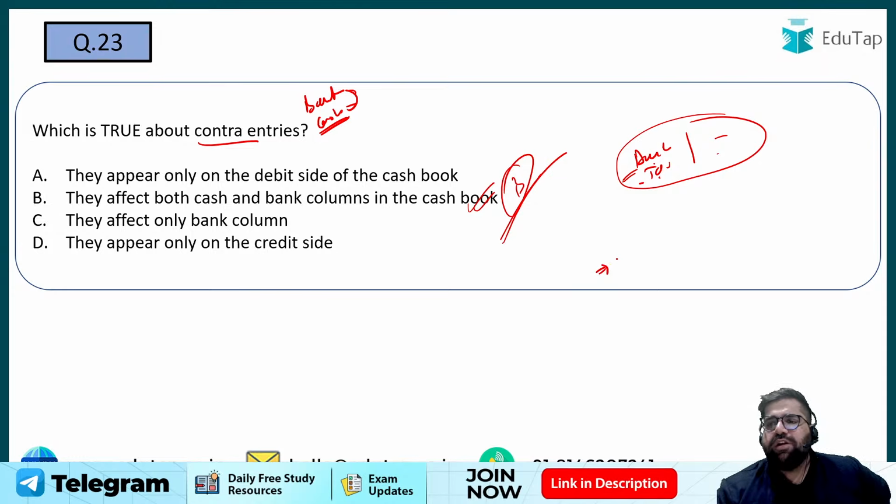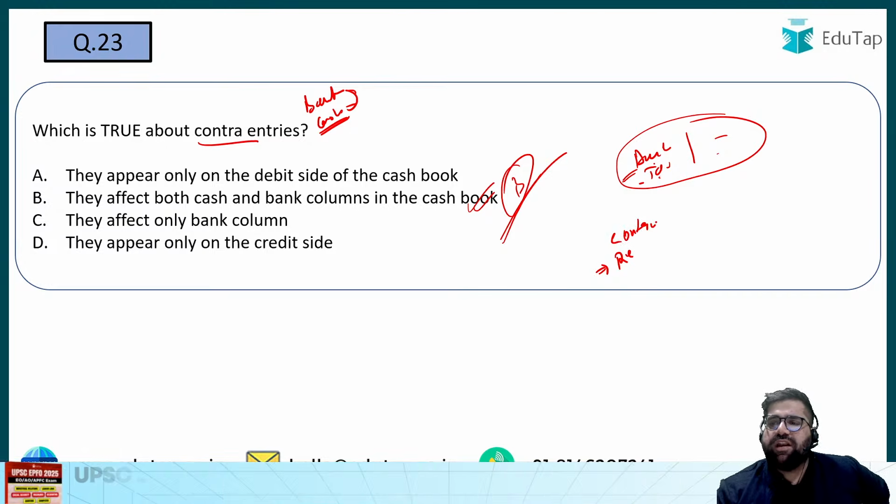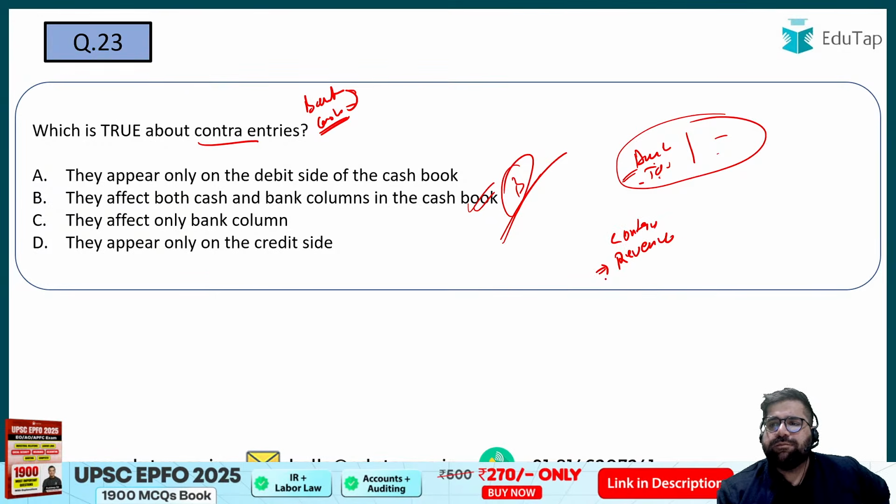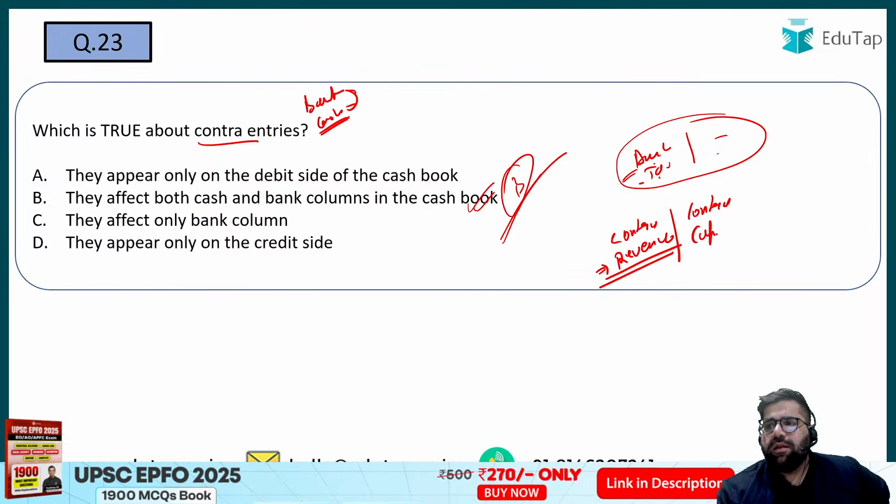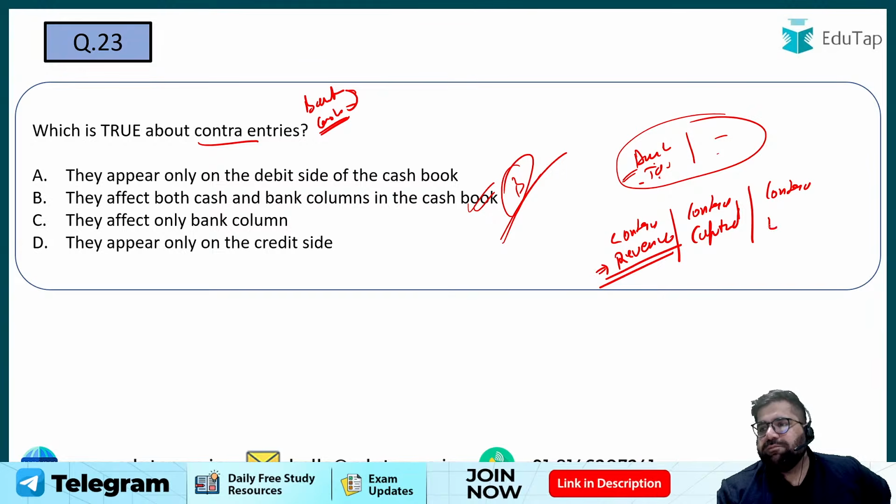Tell me one particular entry or that particular event which is contra revenue. Tell me now, all of you. There is also a contra capital, and there is also a contra expense. Contra capital is your drawing because drawings result in less of your capital.